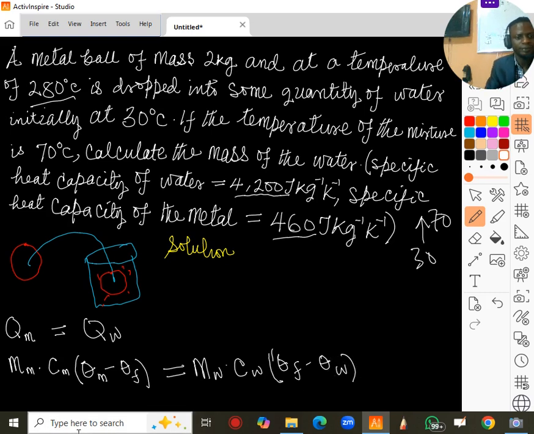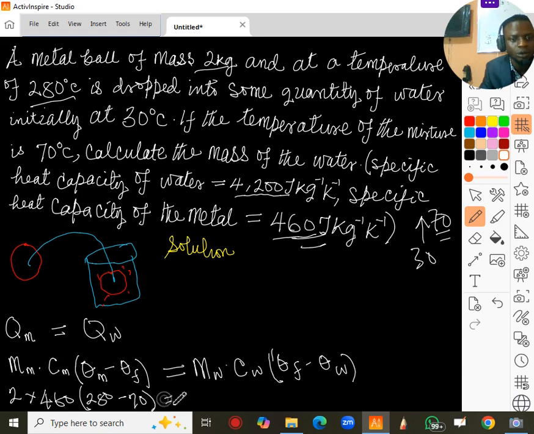Putting in the values, the mass of metal from here is 2 kg. So 2 kg multiplied by the C for the metal, 460, as we can see here, into the temperature of the metal, which was initially 280, so 280 minus the final temperature of the mixture, 70.